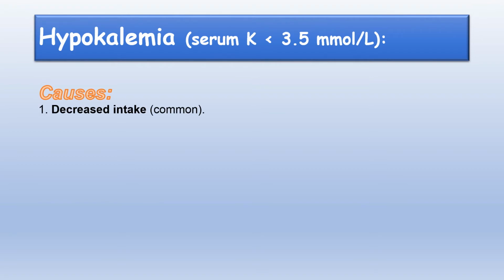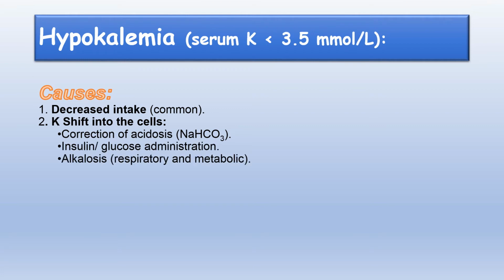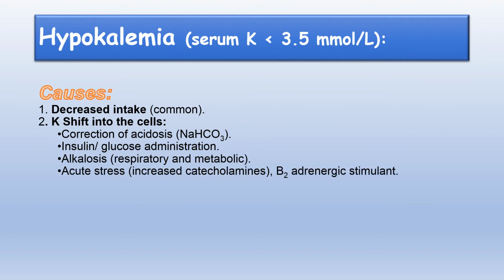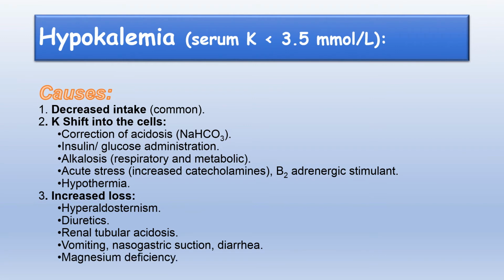Causes: decreased intake; potassium shift into the cells in the case of correction of acidosis, insulin glucose administration, alkalosis, respiratory or metabolic, acute stress, increased catecholamines, hypothermia; and another cause is increased losses in hyperaldosteronism, diuretics, renal tubular acidosis, vomiting, nasogastric suction, and diarrhea. Magnesium deficiency.